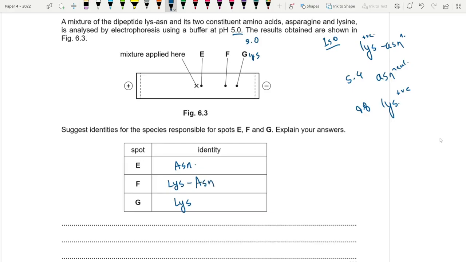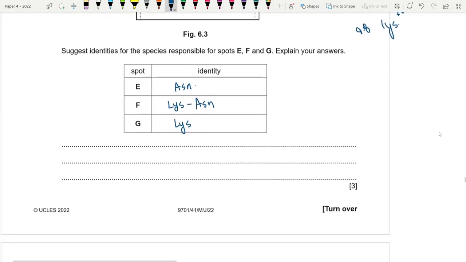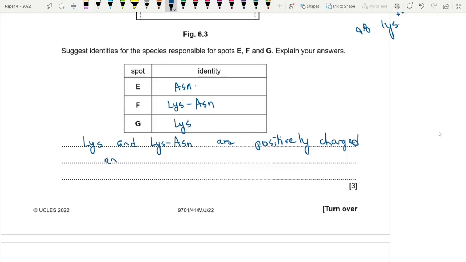All right, so let's explain. Lysine and lysine asparagine are positively charged, and you do not need to write N, but you could write any one, but still I'm writing N. And asparagine is nearly, okay, this was optional, nearly uncharged.